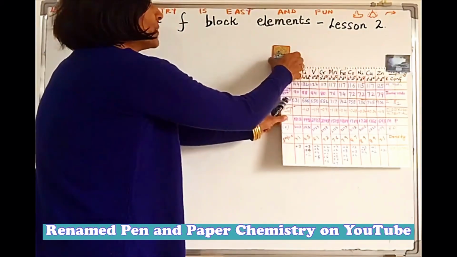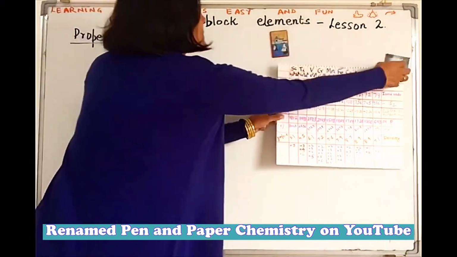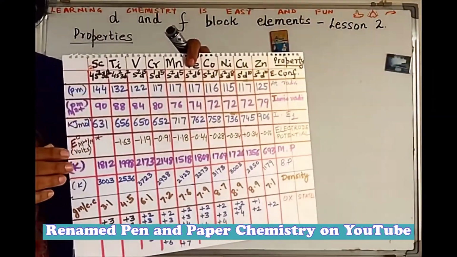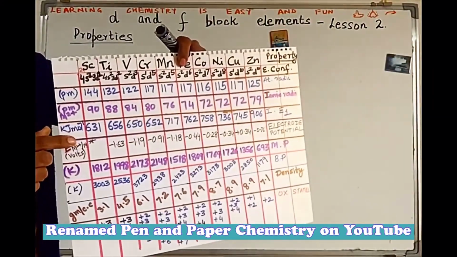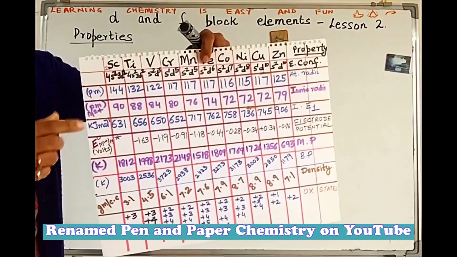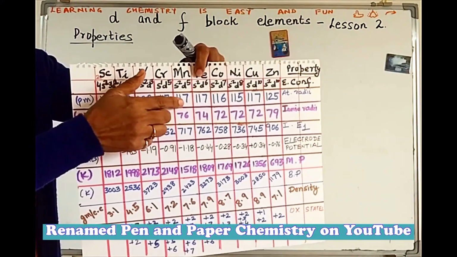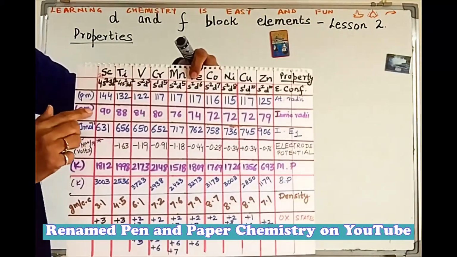Horizontally I have put the electronic configuration. If you notice in this chart, again I am using an old calendar. I have listed the atomic radii, then the ionic radii.